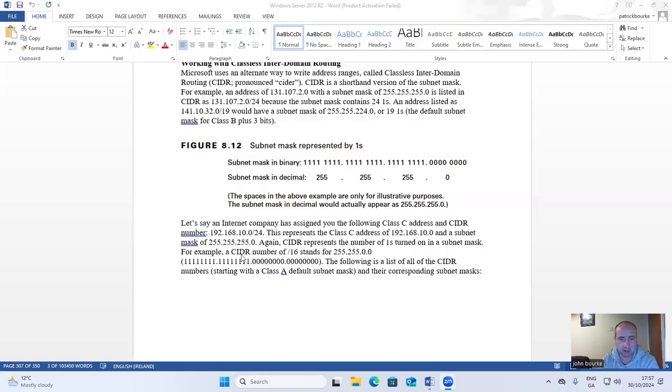For example, a CIDR number of /16 stands for 255.255.0.0, which is 11111111.11111111.00000000.00000000.